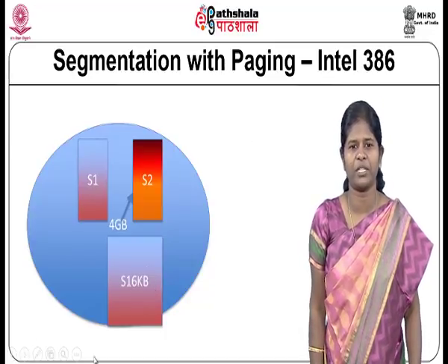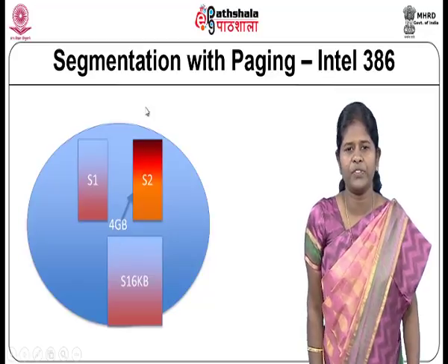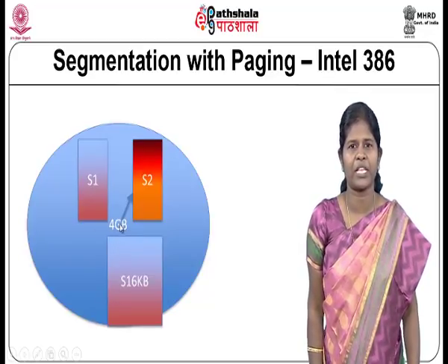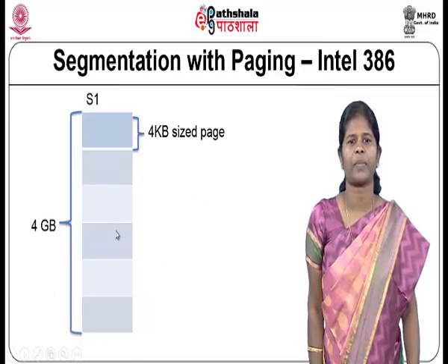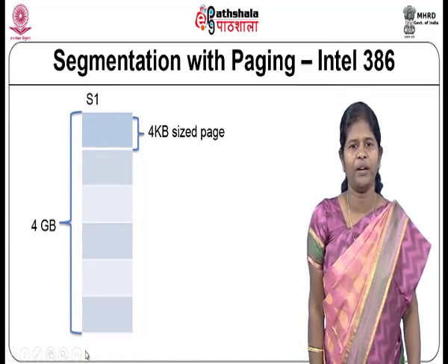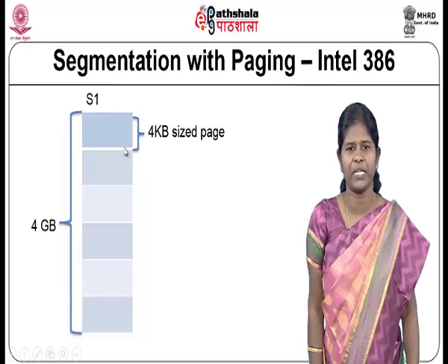Each of these segments can have a maximum size of 4 gigabytes. And when you divide this segment into pages, each segment can be divided into pages, and the size of each page is 4 kilobytes.